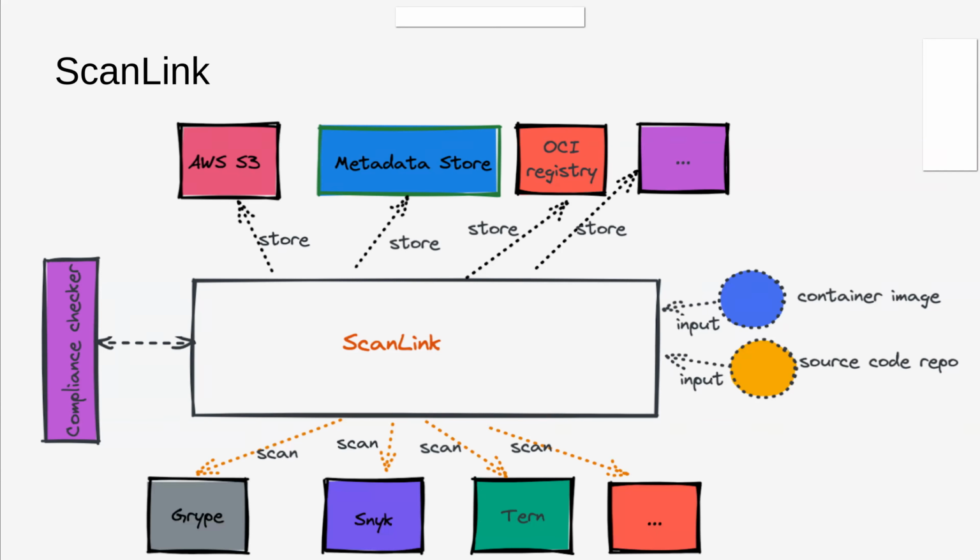In our case, we are focusing on storing them in a metadata store, so we can enable certain query capabilities afterwards. As well, in this figure, we can identify another piece that is in contact with ScanLink that helps us provide the policy enforcement that I mentioned before, against all these scan jobs and all this information that we have generated during the supply chain.